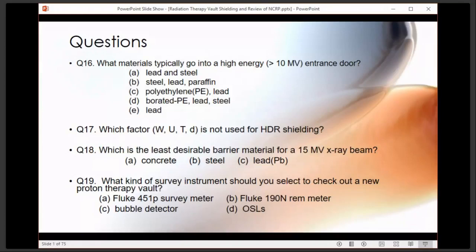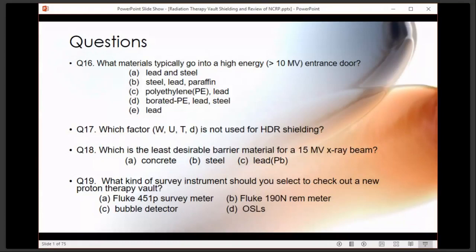And if you want to use PB or steel for shielding, can it be in front of the beam, or is it necessary to put a concrete layer between the beam and the material? I guess that depends on whether there's photoneutrons in the room.